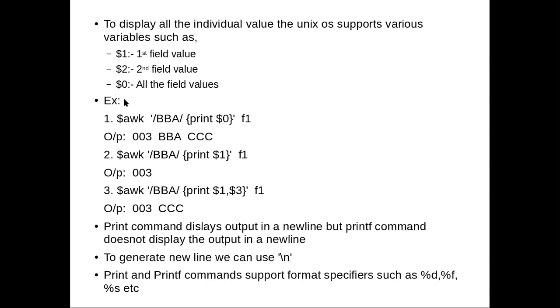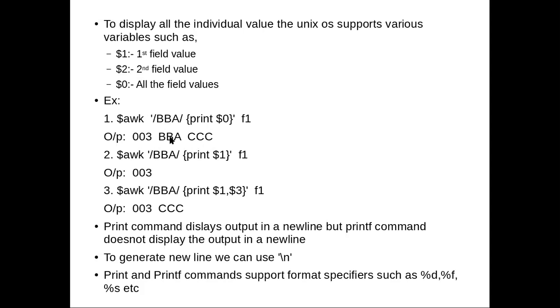So in order to access individual fields from the file, awk supports certain variables: $1 to fetch only the first field value, $2 to fetch only the second field value, and $0 will display all the fields. That means it will contain all the field values in a particular record.